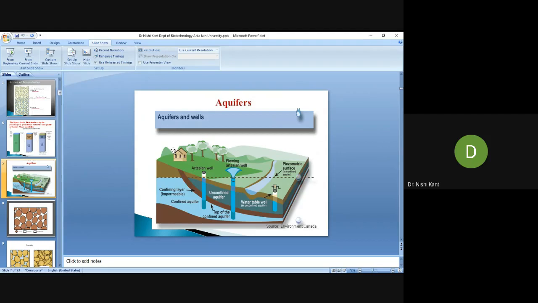Aquifer. An aquifer is a layer of permeable rocks with a high porosity that lets water move freely. Most drinking water comes from aquifers. Wells dug into the confined aquifers will give the most consistent supply of fresh water.